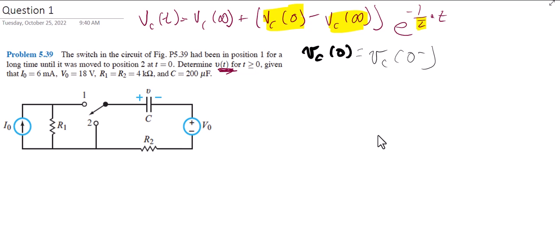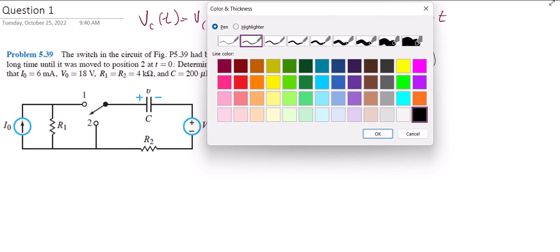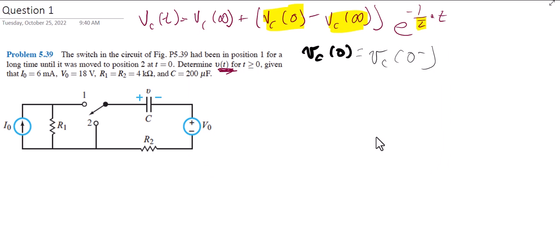If we look at what the voltage was across the capacitor at 0 minus, that has to be what the voltage is at time 0. And this is how you do it. You look at what it was before, and that'll tell you what Vc of 0 is. So what we have to do is draw our circuit the way it was before 0, and then figure out what we've got from there.